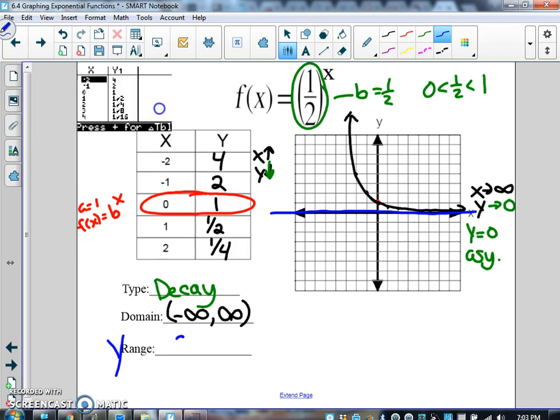Getting close to 0 but never reaching it means my minimum value is 0. It's at the bottom. Because I never reach it, I use parentheses. I see my maximum y value is going to continue to increase as x approaches negative infinity, y approaches infinity. So my maximum y value is infinity. And I use parentheses on that because, again, I can approach infinity but never quite reach it.